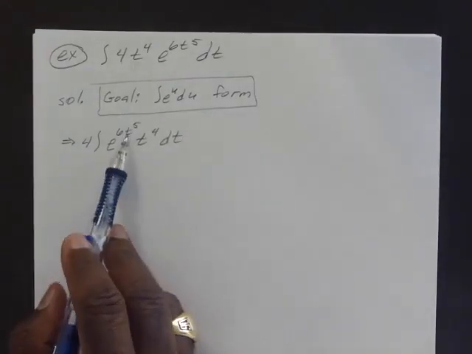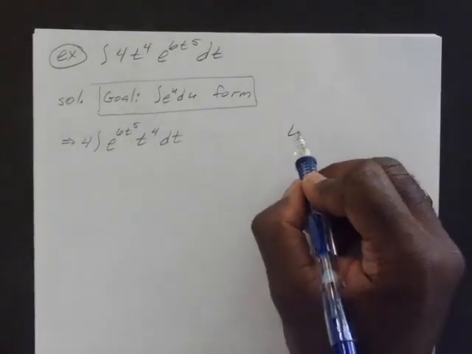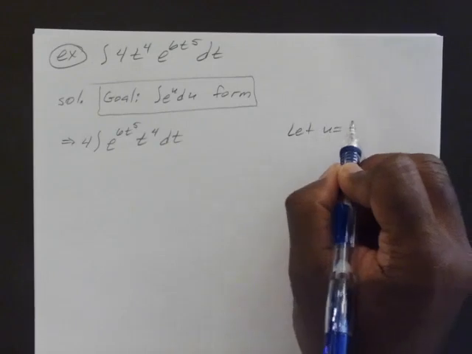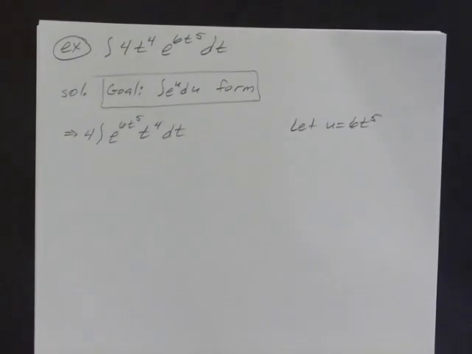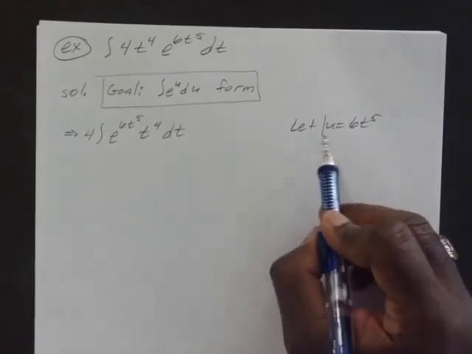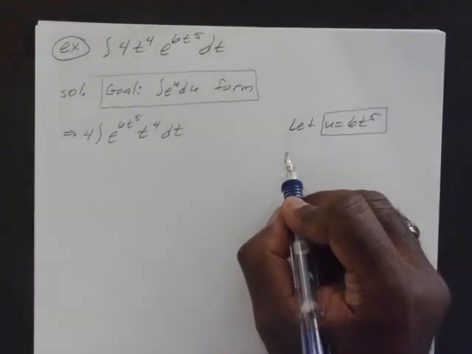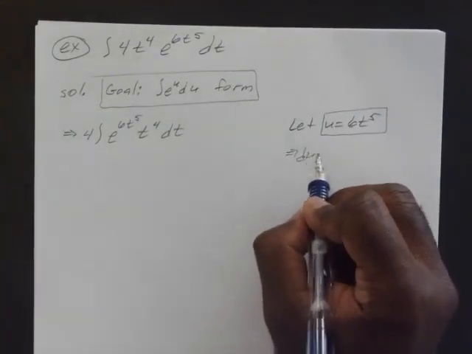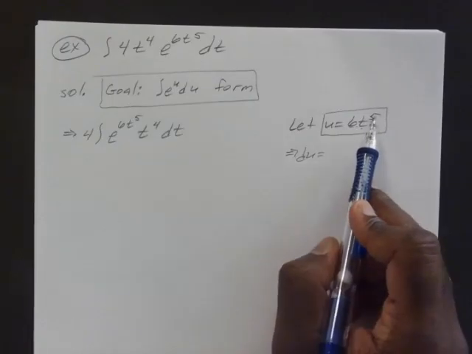That means we're going to have to let our u equal 6t to the 5th power. Which means our derivative of u is equal to 6 times the derivative of t to the 5th power.